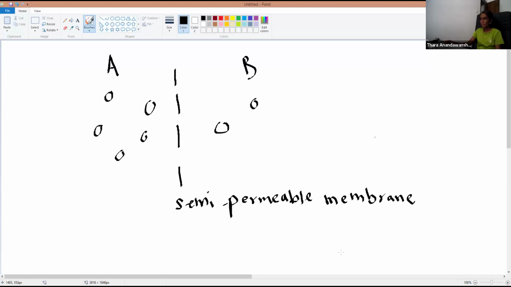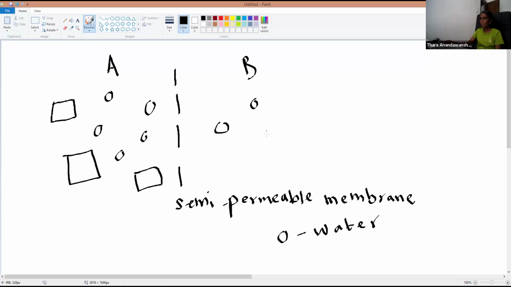These circles are water molecules, and I will draw some solute molecules also. These are sugar molecules, let's say. Here having 2, here having 4 sugar molecules.